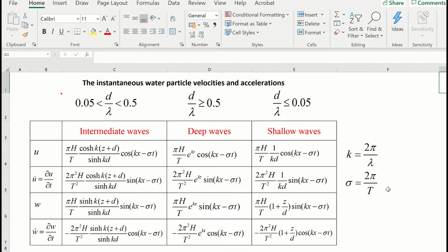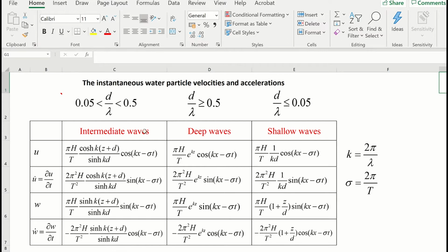In our methods, we will use a range of equations to calculate velocities and accelerations. We will calculate both horizontal velocities and horizontal accelerations, as well as vertical velocities and vertical accelerations. Depending on wave type, we will have to use different equations.